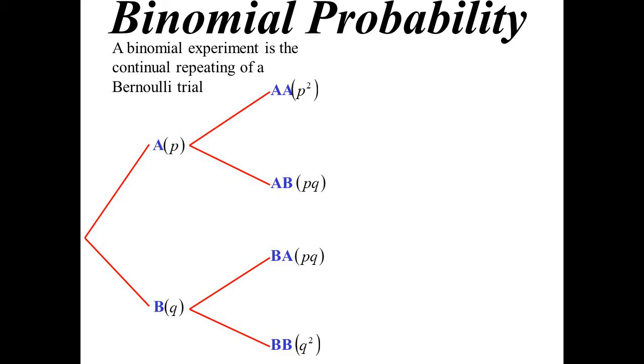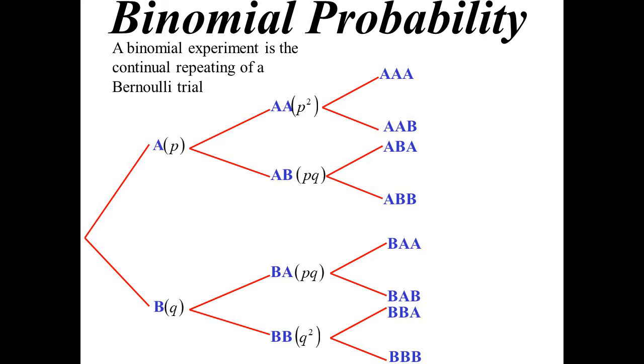Well, let's do it a third time. So each one of these would branch off again. There's all our possibilities: AAA, AAB, ABA, ABB, BAA, BAB, BBA and BBB. The probability of each of those, we start seeing a very familiar pattern. P cubed, P squared Q, P squared Q, PQ squared, P squared Q, PQ squared, PQ squared, and Q cubed.